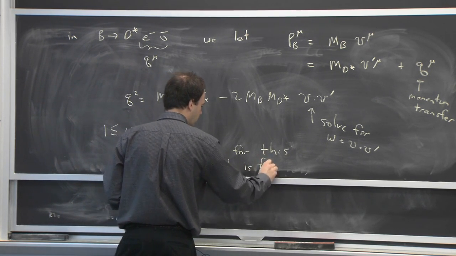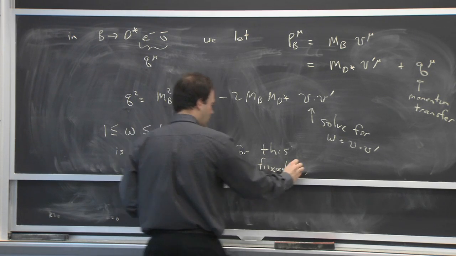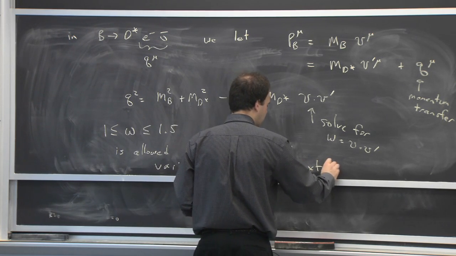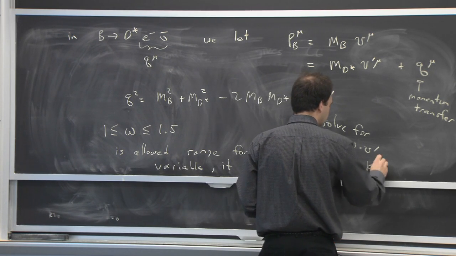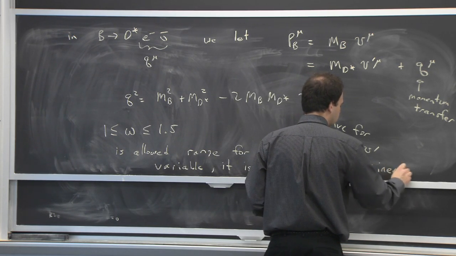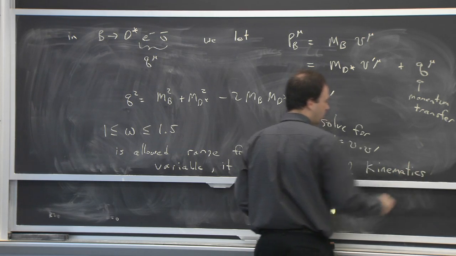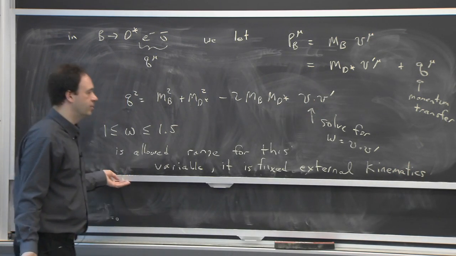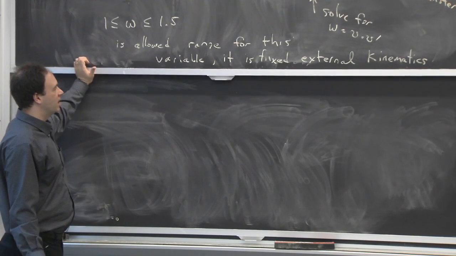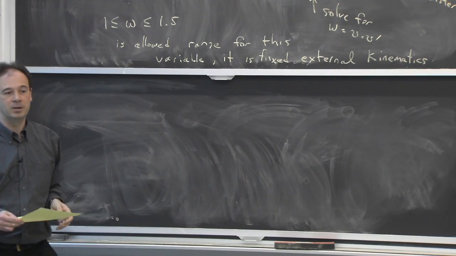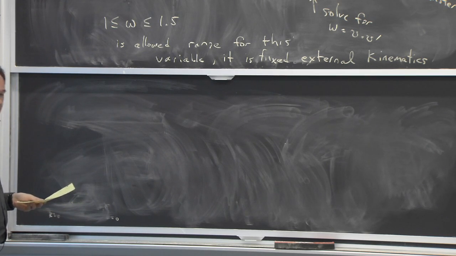So it is fixed by external kinematics, kinematics that is external to the dynamics inside the loop. And in that way, the Wilson coefficient here is more non-trivial than the ones we saw earlier, which just depended on masses. Now it's depending on masses as well as this function of v dot v prime. Okay?